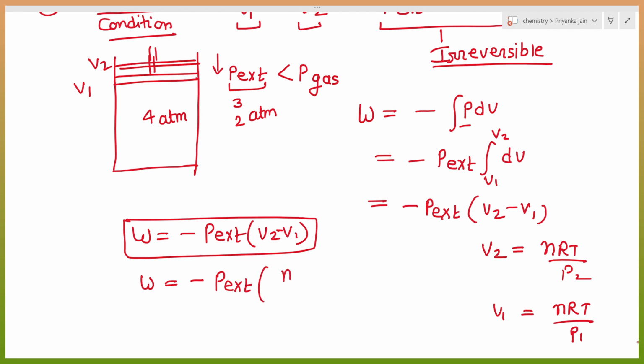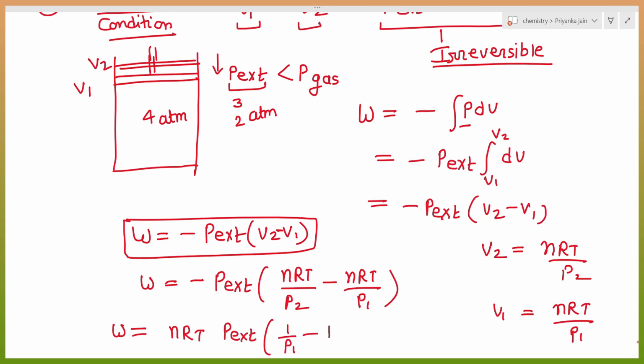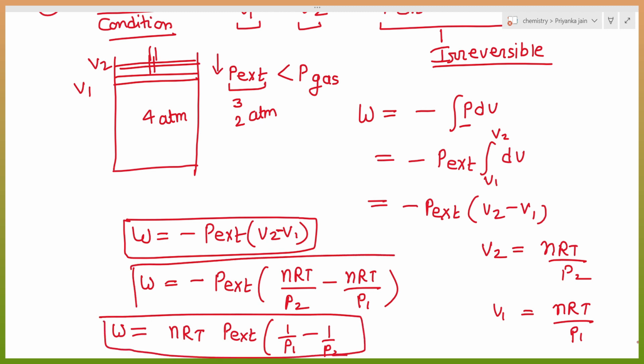So write here nRT upon P2 minus nRT upon P1. Or you can take this outside. So what you are getting is W equal to minus nRT P external (1 upon P1 minus 1 upon P2). So these are also the formulas for the irreversible process. You can use any of the formulas, you will get your answer.